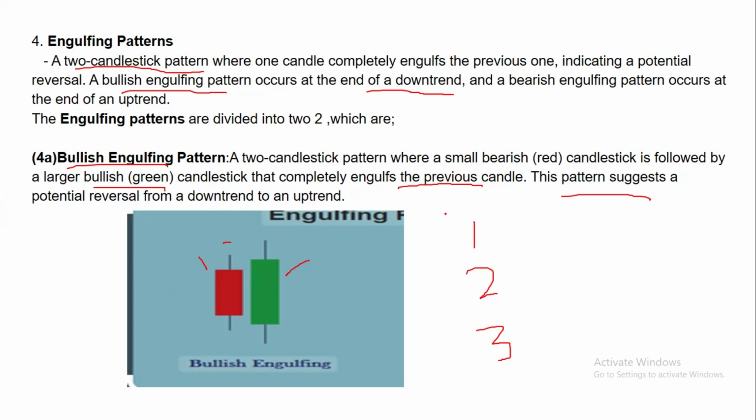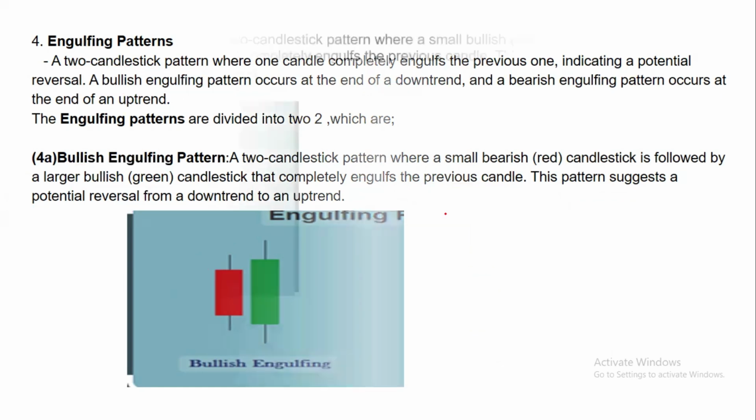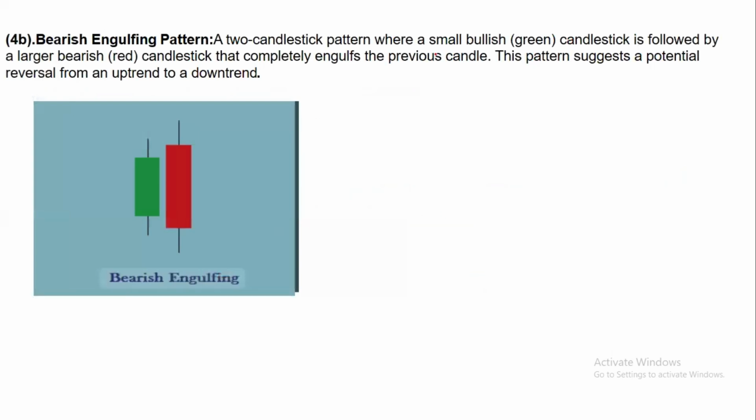So let's go to the bearish engulfing pattern. Now, the bearish engulfing pattern, as I established earlier, I will also go into it. So the bearish engulfing pattern is a two candlestick pattern, right? Where there is a small bullish candlestick, which is followed by a larger bearish candlestick, and it completely engulfs the previous candle.